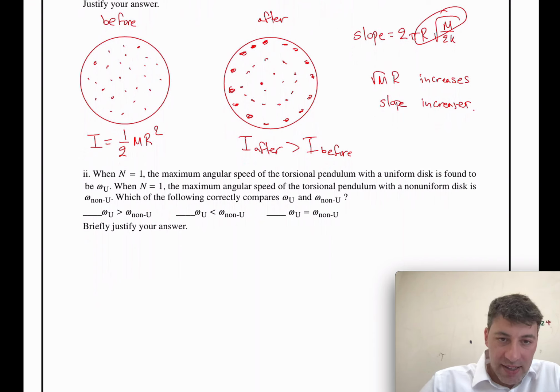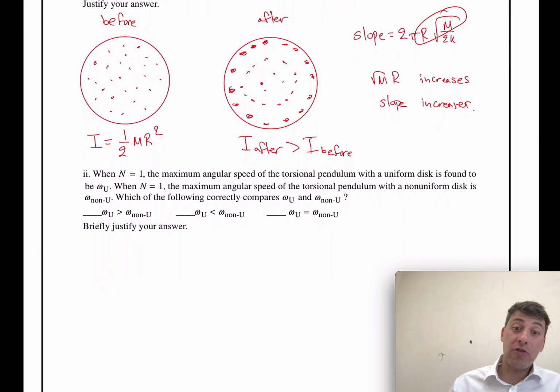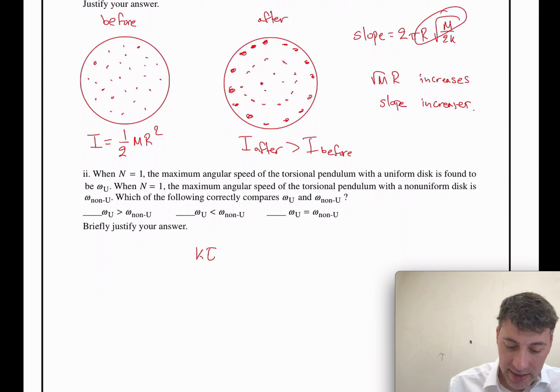Again, for one disk, the maximum angular speed for the torsional pendulum is omega non-uniform. And which one is the relationship for the angular speed between the uniform and the non-uniform disk? Again, if we remember the kinetic energy, and we remember that the maximum kinetic energy remains constant, it is 1 over 2 I times omega squared.